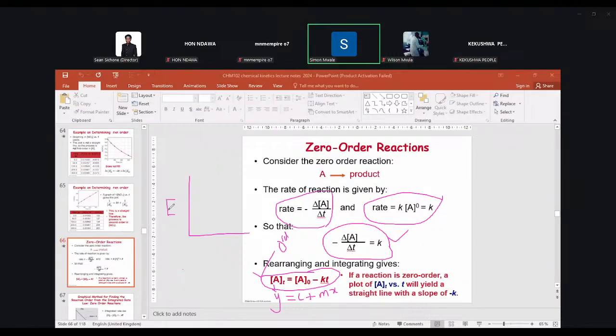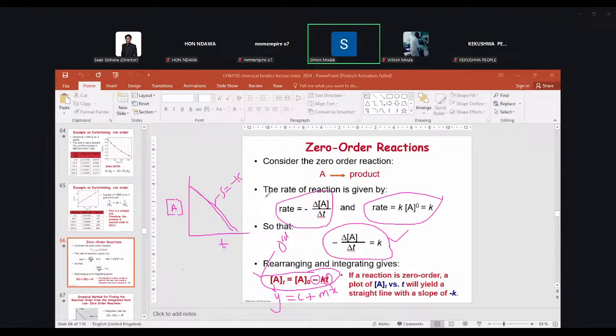The concentration for the y-axis versus time for the x-axis. And you get a graph, which is a straight line like that, with a slope of this line being equal to minus k. So this gives you the integrated rate law.